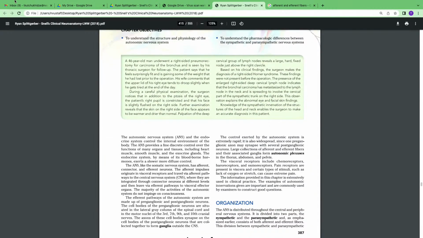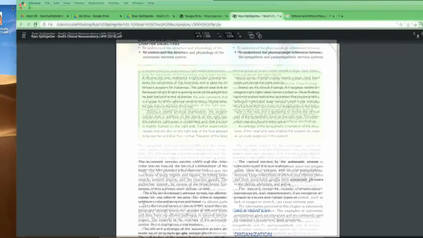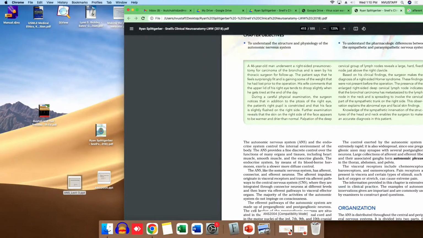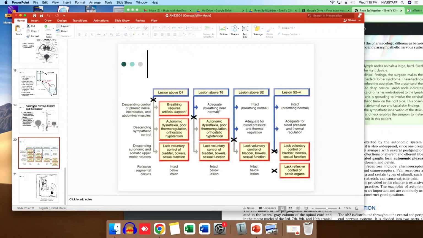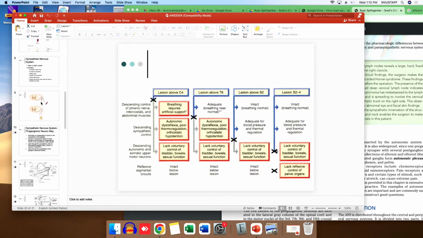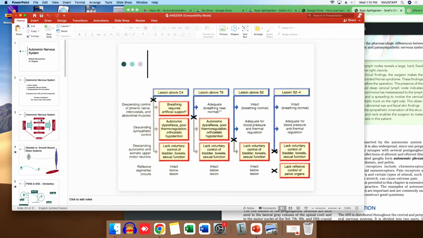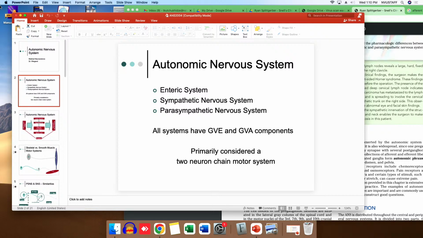To talk about the organization of our structures, the autonomic nervous system is divided into two parts, and actually we have three parts. We have the enteric nervous system, which is mostly for our GI tract, because the GI tract has an enteric nervous system.